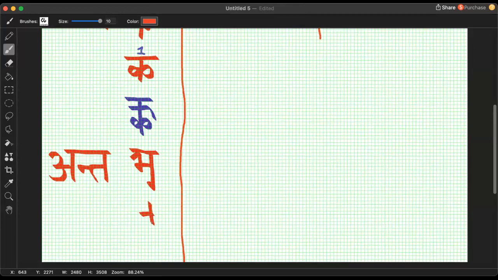So I will add the alphabet "ta" right below this. "N" is first. We'll write first "n" and then "ta". So in Sharda, when you're writing conjuncts, you go with the pronunciation and the sound.